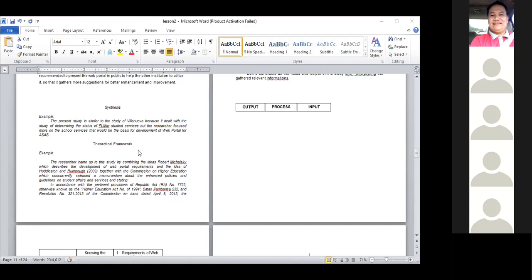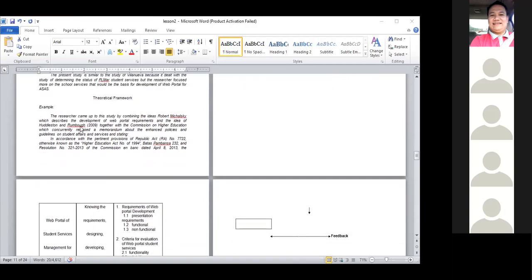Usually, guys, the theoretical framework is written and included in our research again to strengthen your study. Whether it is from the year 19 pokong-pokong pa, walang problema yon, as long as it is related to your study, so just get it.